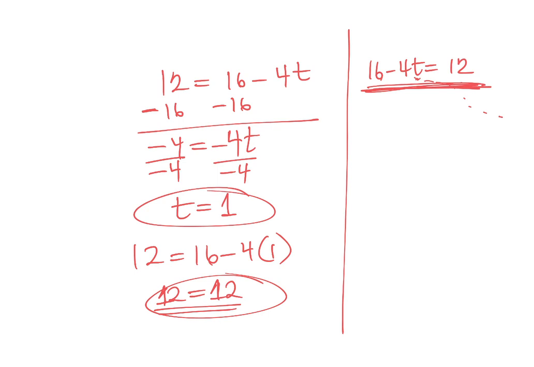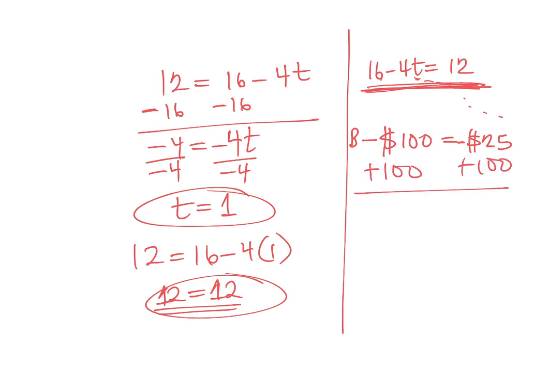So basically, if you had $100 taken out of a bank account, there was a certain balance, and then you took out $100, and if that resulted in you having, for example, negative $25, you can solve to find out where you started. So again, we're going to add 100 to both sides. If we add 100 to both sides, B would be equal to 75.